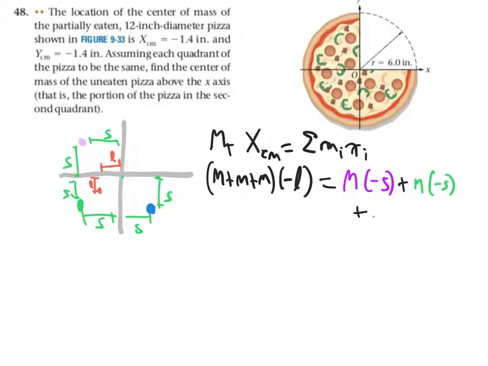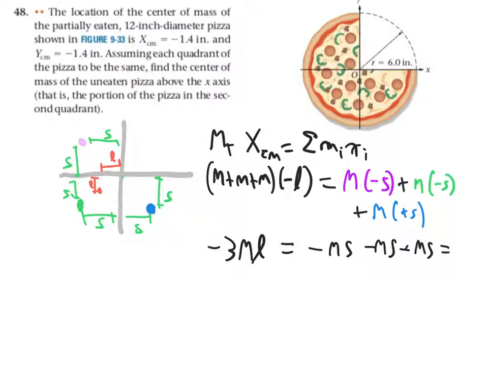This one is m, and she's at plus S. And if we simplify both sides here, we have minus 3m times L. And over here we have minus mS plus mS, which is just minus mS. And now if we simplify even a little further, we can find that S is 3L.